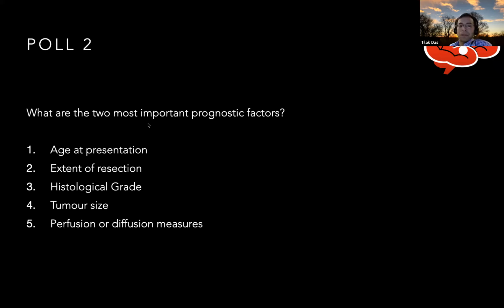So you can choose multiple choices here, but which two do you think are most important? So is it the patient's age, how much a meningioma is resected at surgery, what the actual grade of the meningioma was, how big the meningioma is, or is it something that we need advanced imaging to work out?